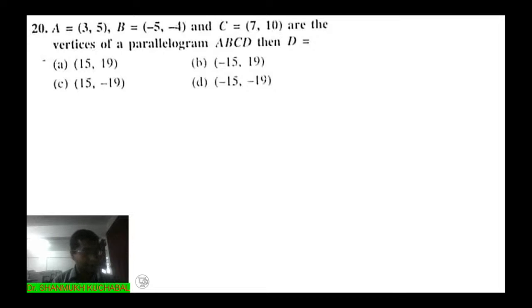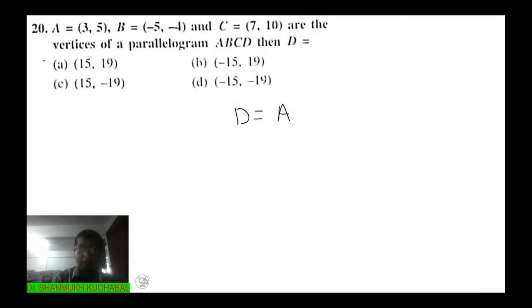Example number 20. A equal to 3 comma 5, B equal to minus 5 comma minus 4, C equal to 7 comma 10 are the vertices of a parallelogram ABCD. Then D is equal to. So the fourth coordinate we need to find.